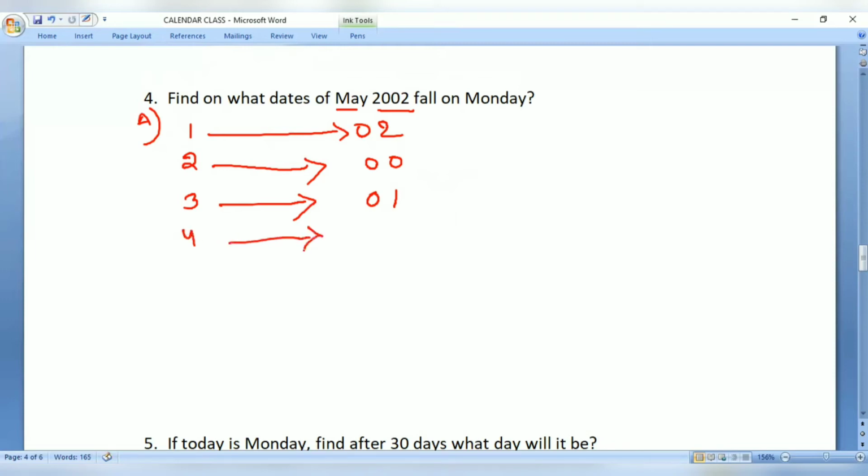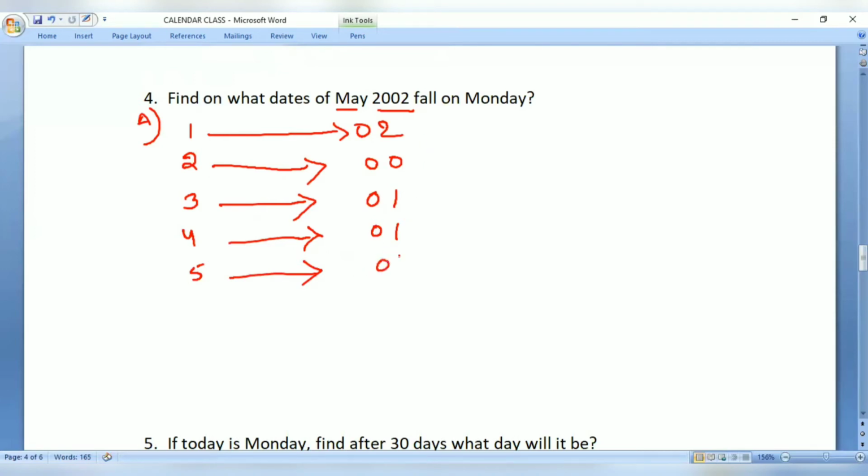Then the 4th step. What is the 4th step? Identify the code for the month. For the month of May, what is the code, sir? 0 3 3 6 1 4. So it is 1. 1 is the code. Then step number 5, identify the code for year 2002, 2099.